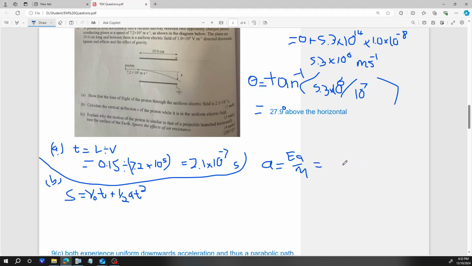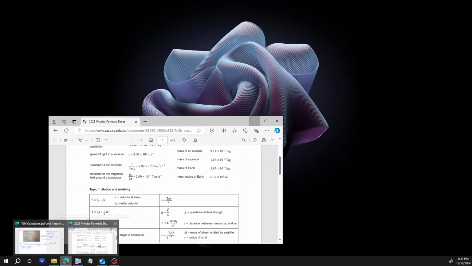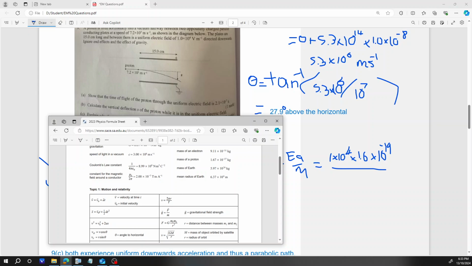This is the proton this time. Proton, okay, so we have, what was it? 1 times 10 to the 4 times 1.6 times 10 to the negative 19 over, okay, now what do they actually use in the formula sheet for protons here? 1.67, okay.